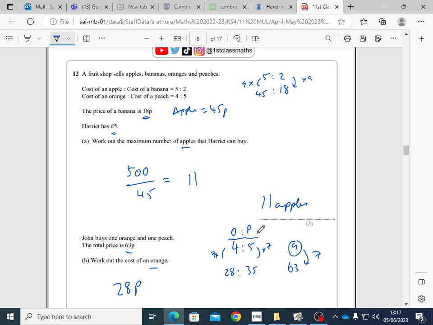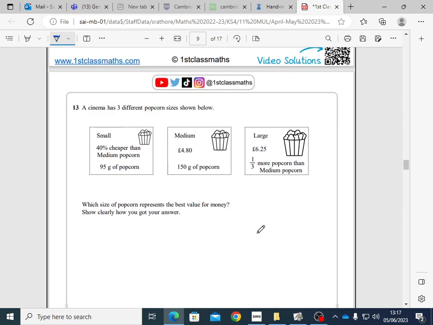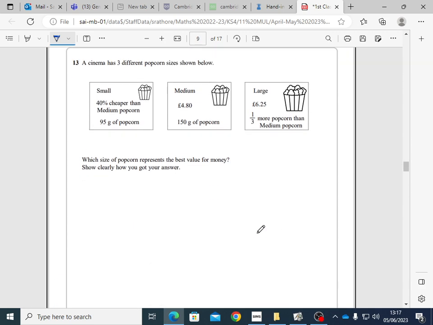Okay. Next one, 12. There it is, Best Buy. We might need to do this on Best Buy. Get your calculator out. Let's have a work at this. A cinema has 3 different popcorn sizes below: small, medium, large. Work out the size of the popcorn that is best value for money, okay? So here we go. Before we start, we need to make the large size 1/3 more popcorn than the medium one.